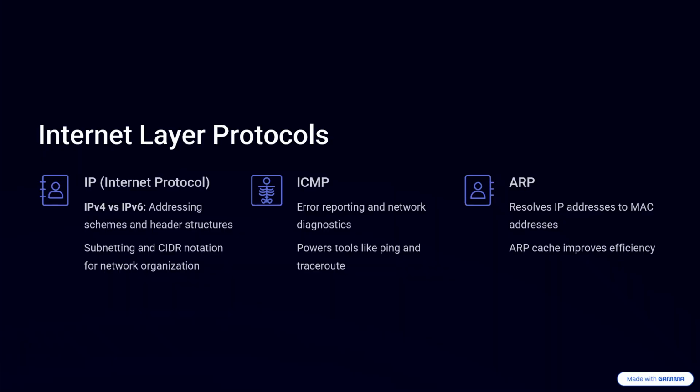So IP is going to determine how these packets are going to travel through the network. ICMP is used for diagnostics. Tools like ping and traceroute rely on this protocol. ARP, as the name suggests, will map the IP addresses to the MAC addresses, helping the devices to locate each other within a network. Together, all these protocols ensure efficient and accurate data delivery.